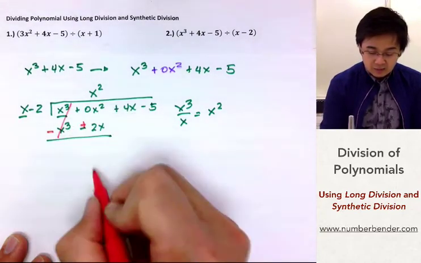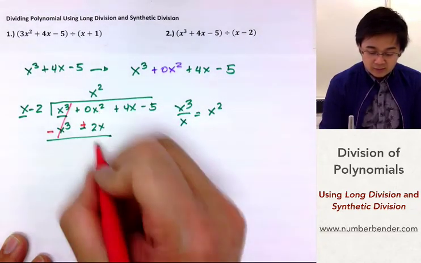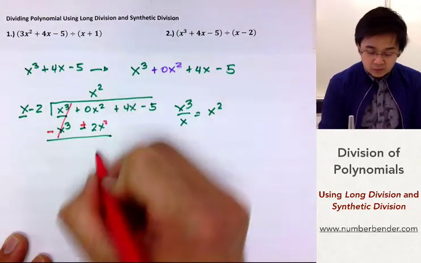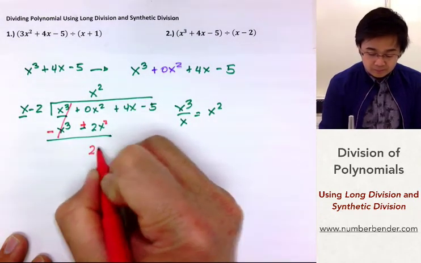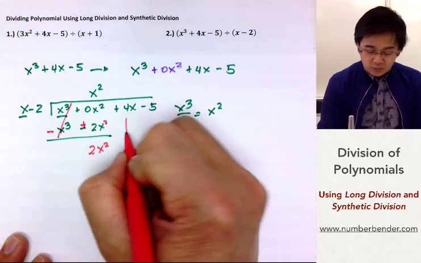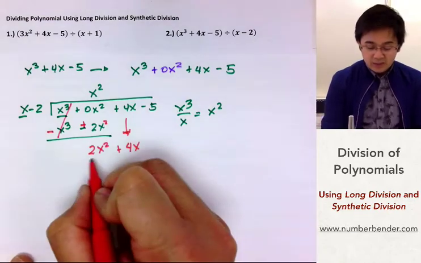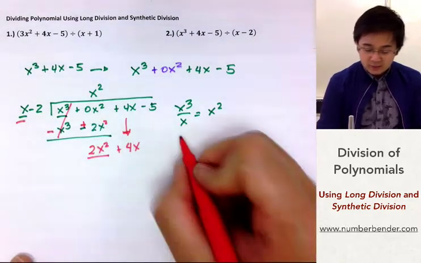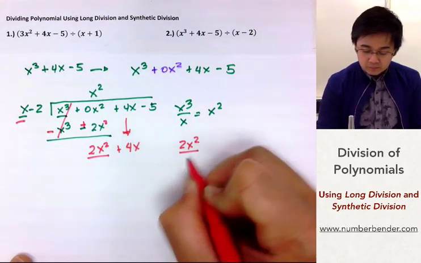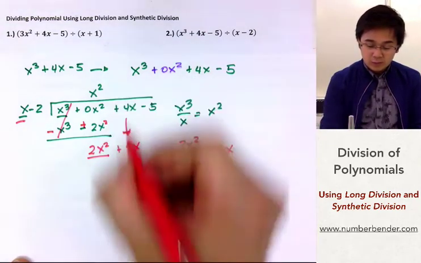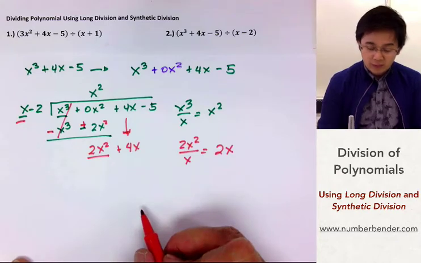So this cancels out, and 0x squared plus 2x squared is going to be 2x squared. And then we bring down positive 4x. And now we're dividing 2x squared by x, leaving us with 2x, and 2x will be written in line with our 4x.